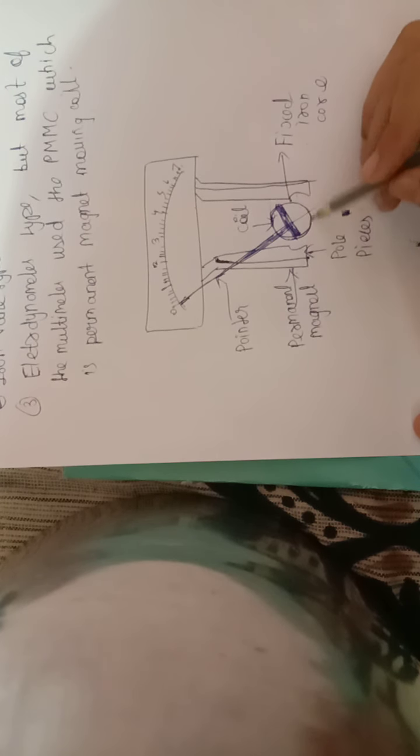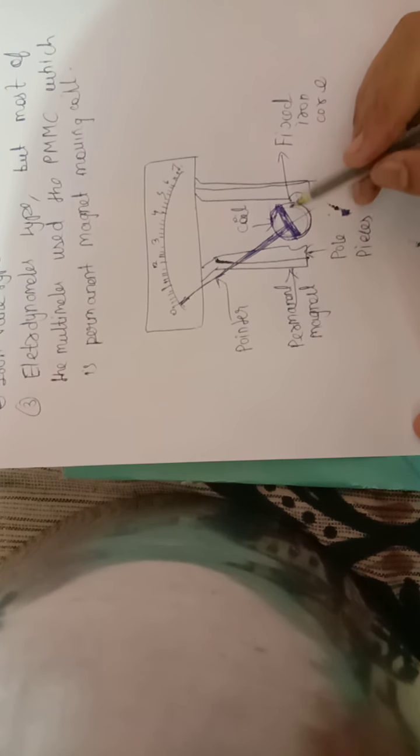It consists of a soft iron core, which means a fixed iron core, which is mounted on a bearing between the two poles of the permanent magnet.